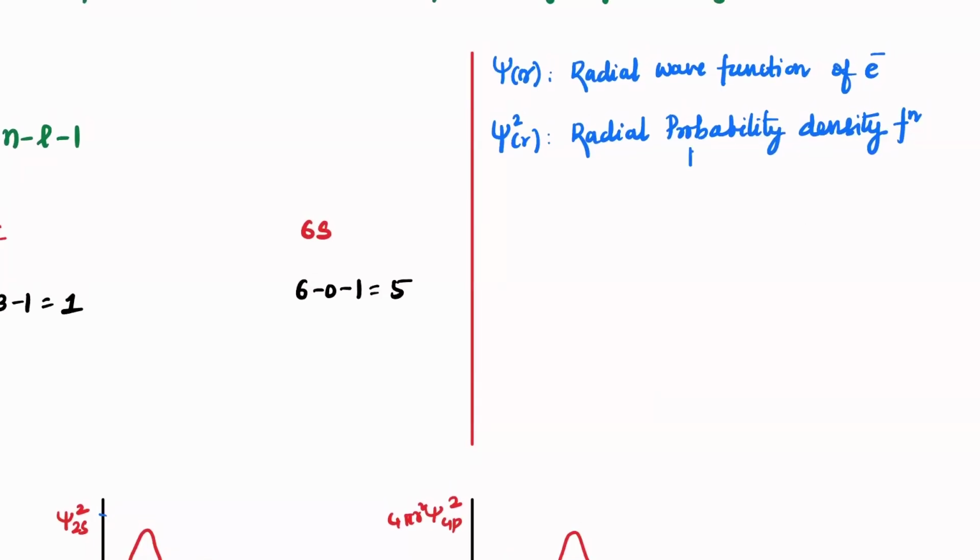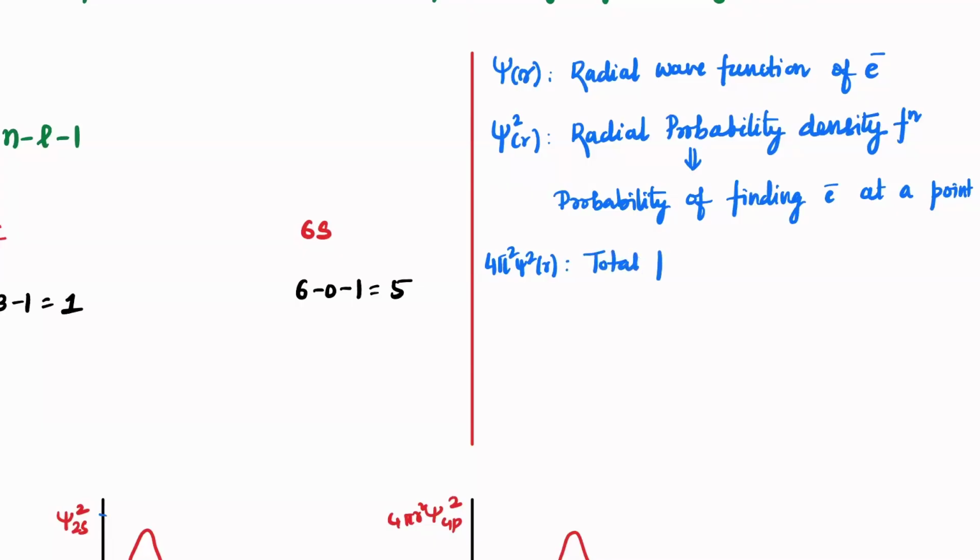Basically, the radial probability density function suggests the probability of finding an electron at a point away from the nucleus. Next, 4 pi r square psi square. What does that mean? It is about total probability in space.